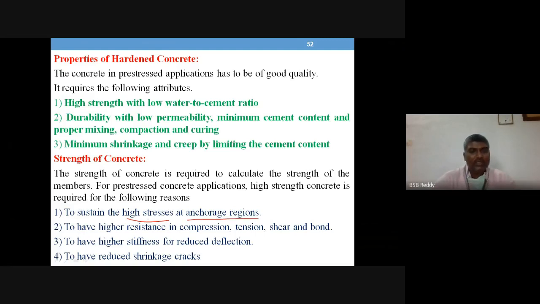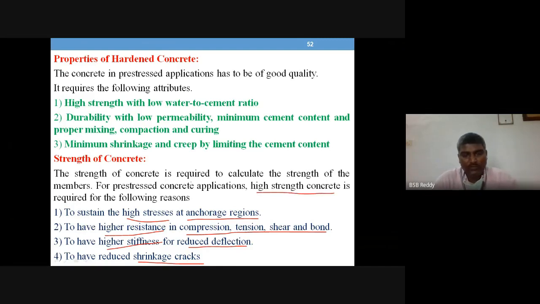This is one such reason for high strength, and to have high resistance in compression, tension, shear, and bond. The higher stiffness will reduce the deflection, and shrinkage crack reduction is also one such reason for high strength concrete.